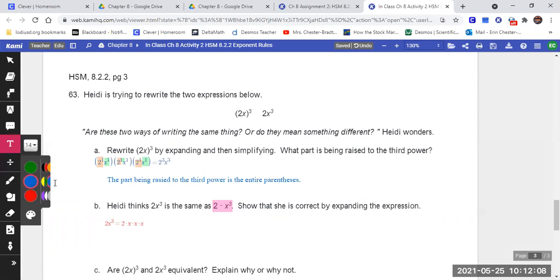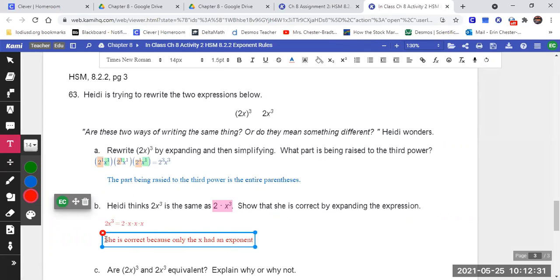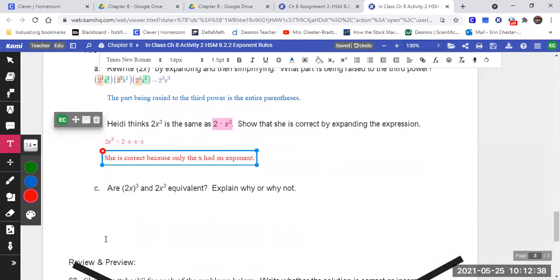So she is correct. Because only the x had an exponent. That's the only piece that's going to be expanded. So are 2x raised to the 3rd power and 2x to the 3rd power the same?